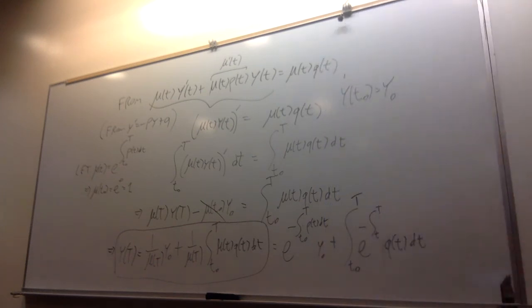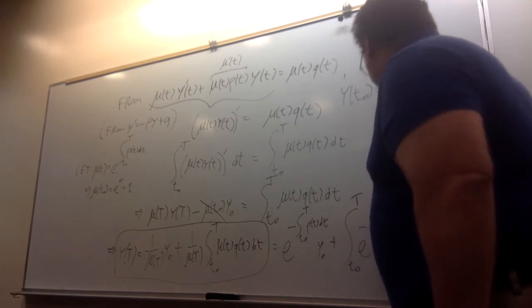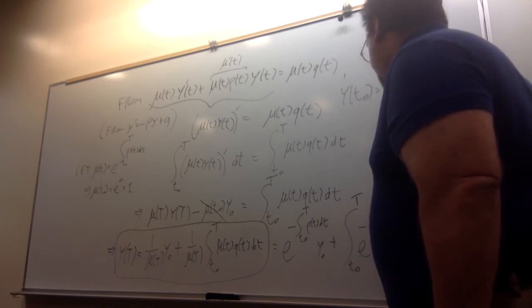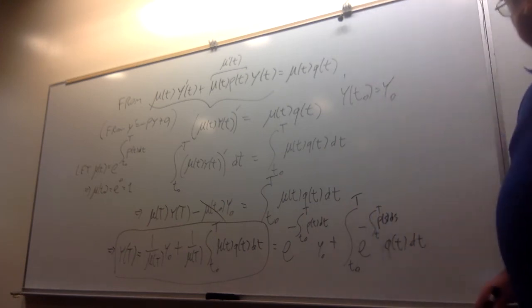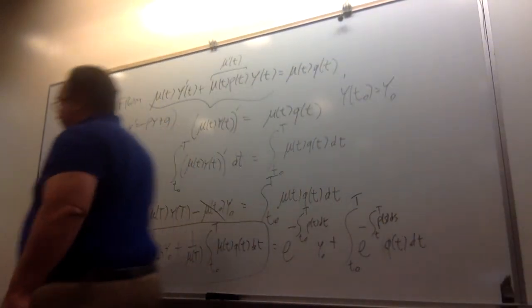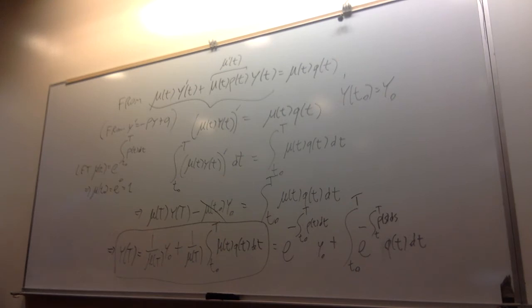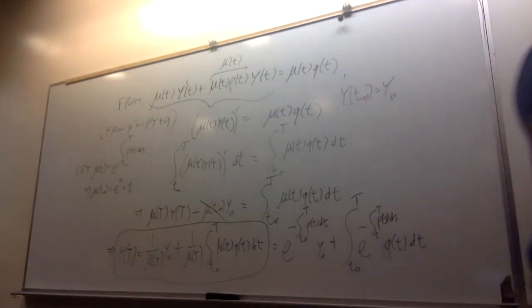I have to actually fill in the integrand. But in here I have to use a different letter, because I have little t as a limit of the integral, so I have to use a different letter inside.